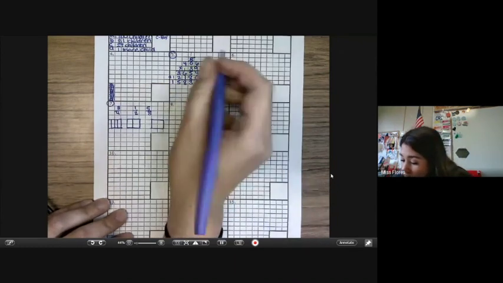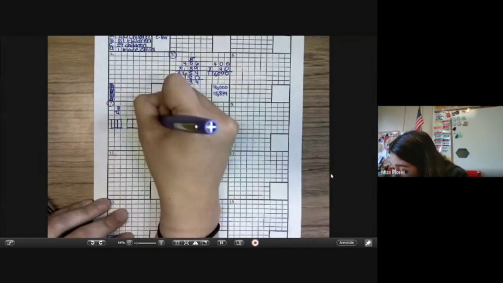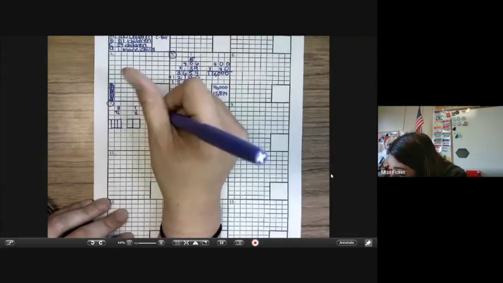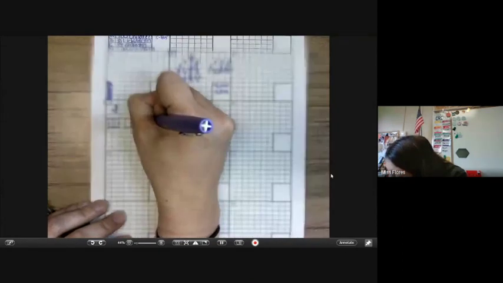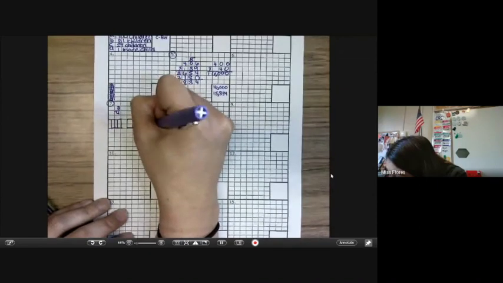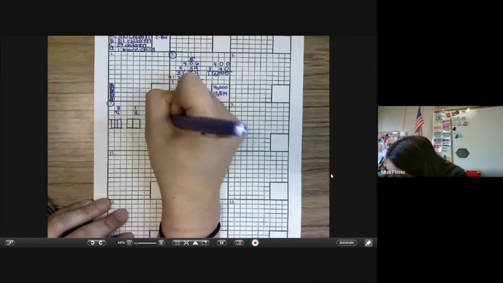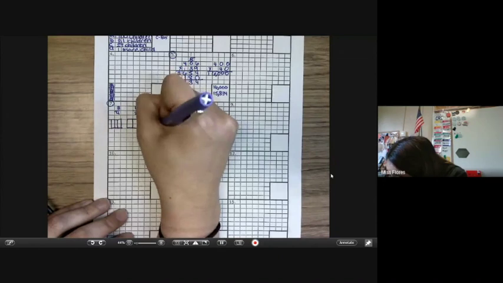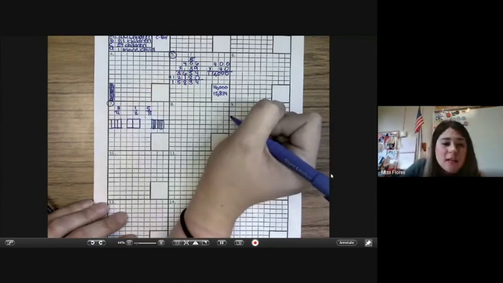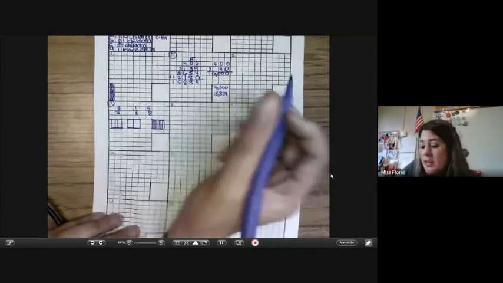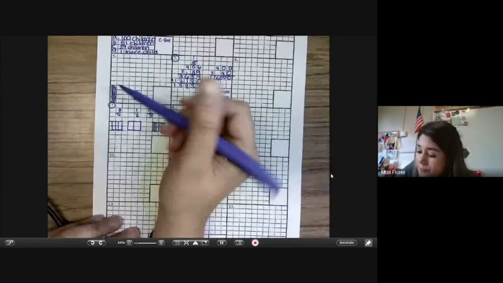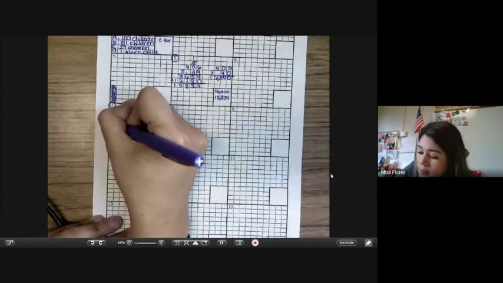And for 8, okay, let's see if I could do this. Means I need to have 4 on each side. 1, 2, 3, 4. 1, 2, 3, 4. I did it. Okay, so it's not exactly perfect, but you can kind of get a gist of how to do this. Okay, then I'm going to shade in 3 pieces, because that is my numerator.